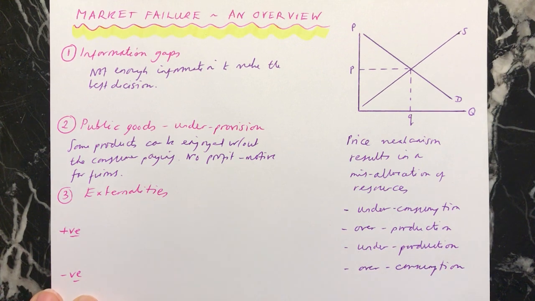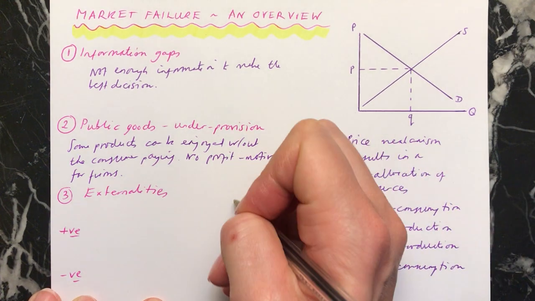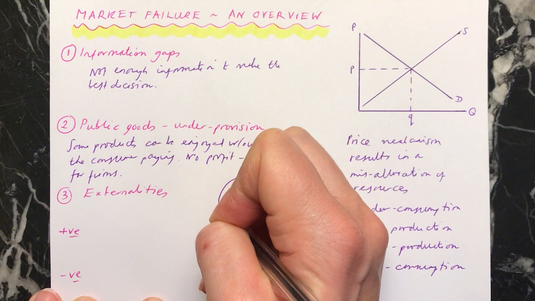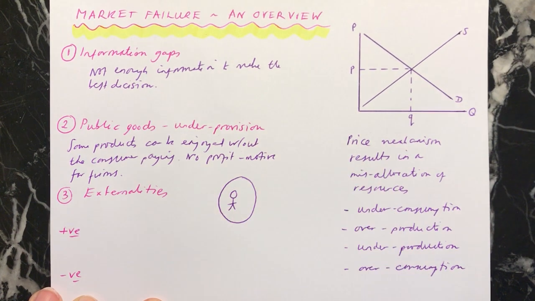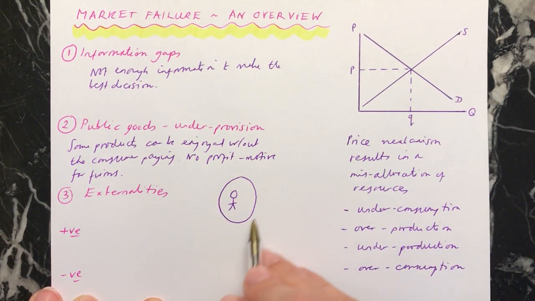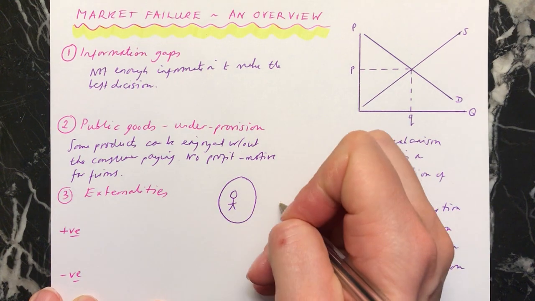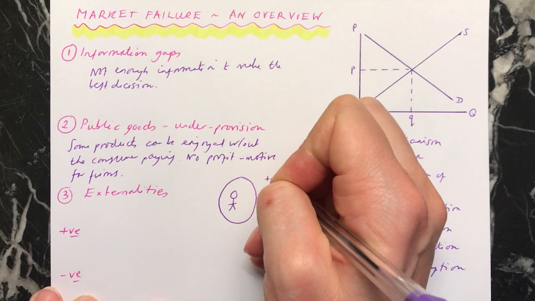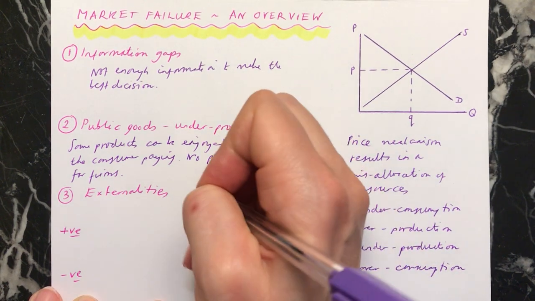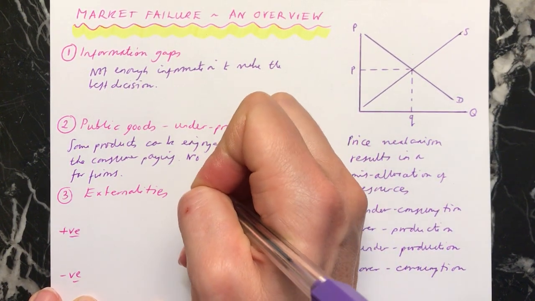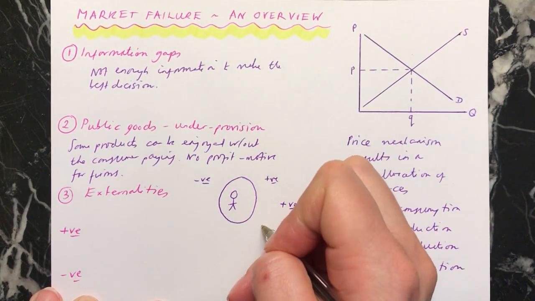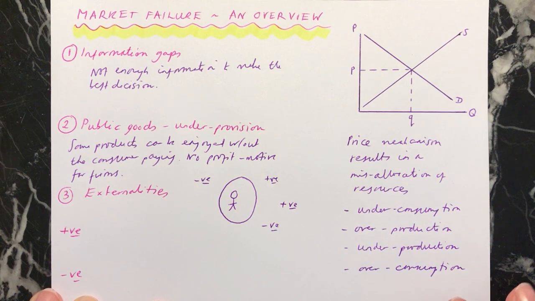The third type of market failure is where you have externalities. Externalities, as we'll learn, is where you have a person, or it could be a firm, doing something. You imagine they're inside a bubble, but it actually has impacts on third parties. So it might be doing this positive thing to a third party, this positive thing to a third party, but some people outside the transaction might be negatively affected, or the environment might be negatively affected.